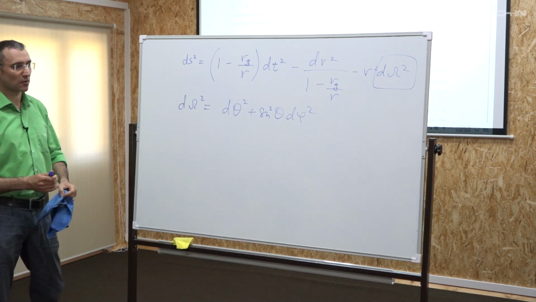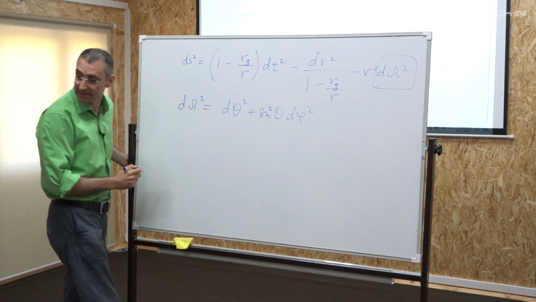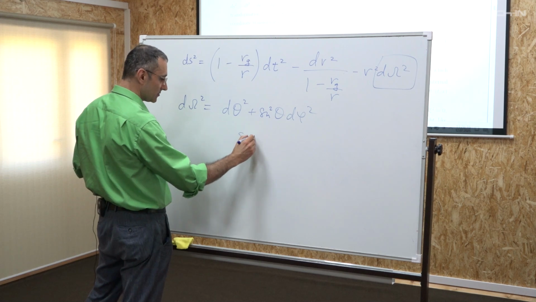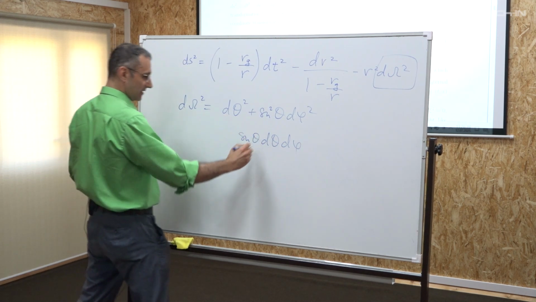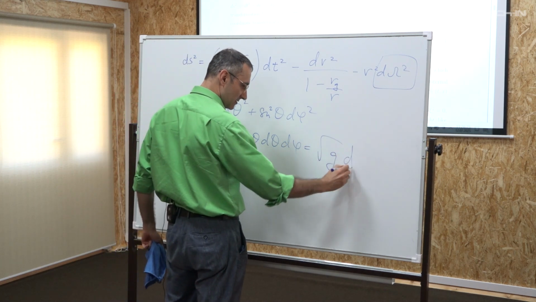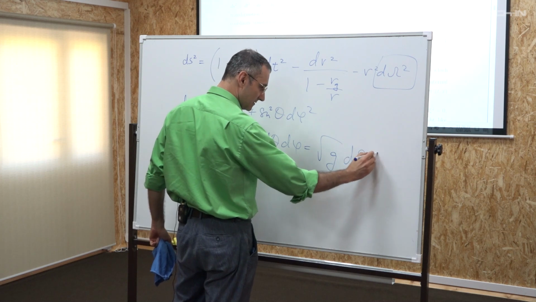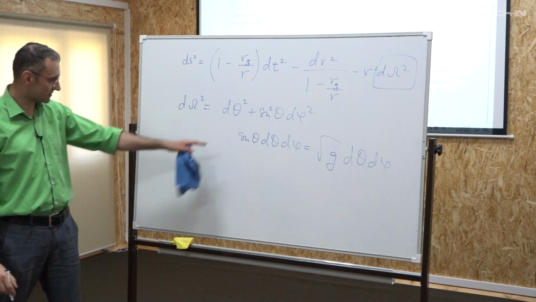Well, solid angle probably you mean the volume form for this metric. Volume form for this metric is sine theta d theta d phi. So this is just the square root of the determinant of this metric, which is sine theta, times d theta d phi.